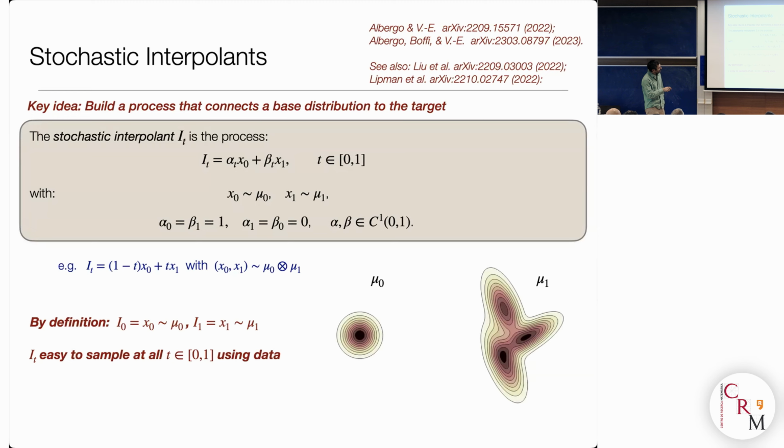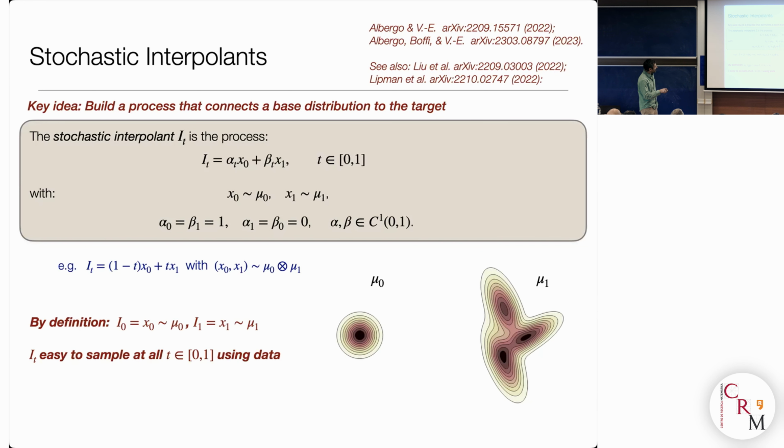You have time-dependent coefficients that are supposed to be smooth, time differentiable, and with boundary conditions that guarantee that at time t equals 0 this gives you a sample of x0, and at time t equals 1 it gives you a sample of x1.